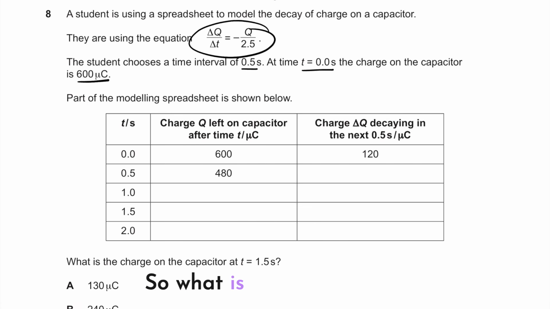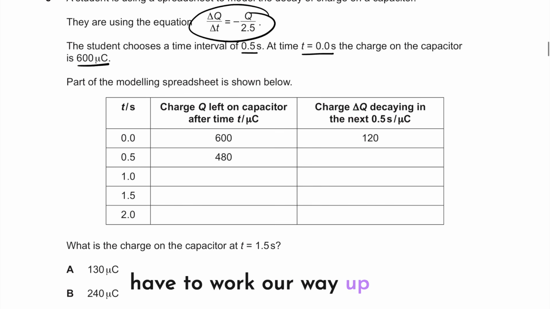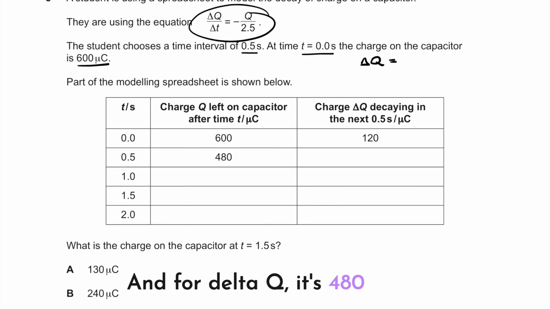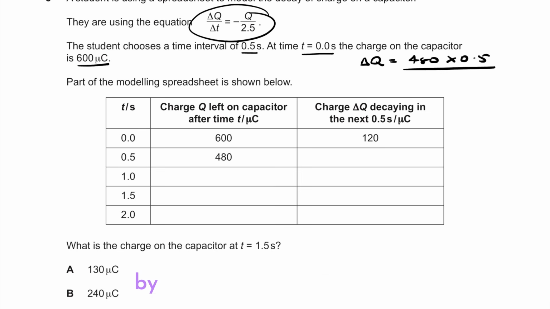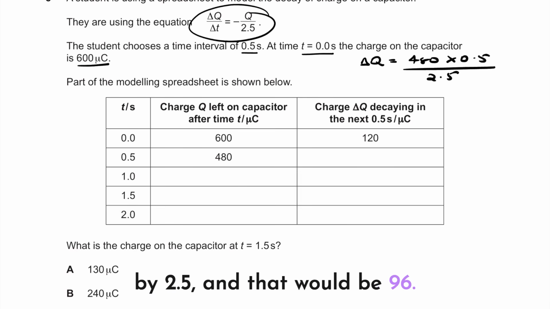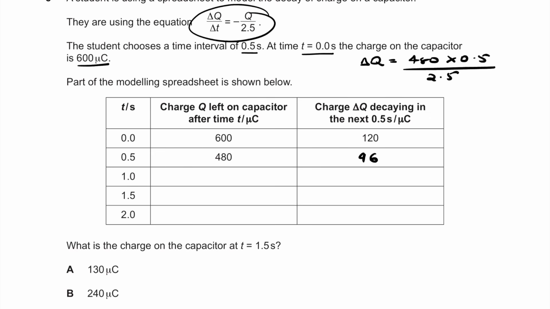So what is the charge at t equals 1.5 seconds? So we would have to work our way up to it. And for delta Q, it's 480 times delta T, which is 0.5, divided by 2.5, and that would be 96 microcoulombs.